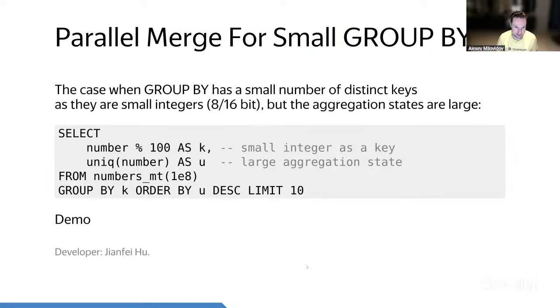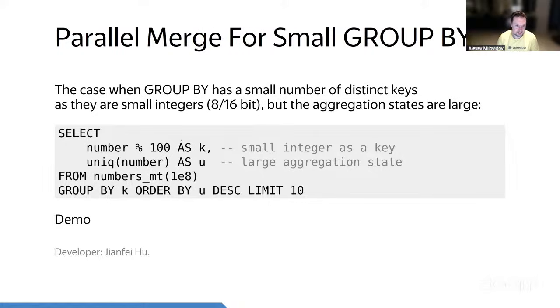So let me explain. Let's suppose you are doing group by a small integer, and this integer has just 8 or 16 bits. So it ranges from like 0 to 255, or maybe like 0 to 1000, or like in this example, just from 0 to 99. But the aggregation state is quite heavy.